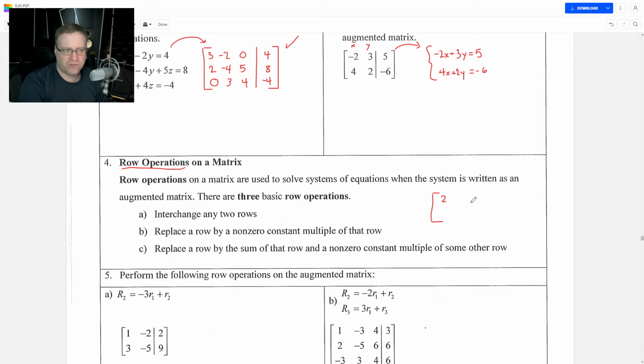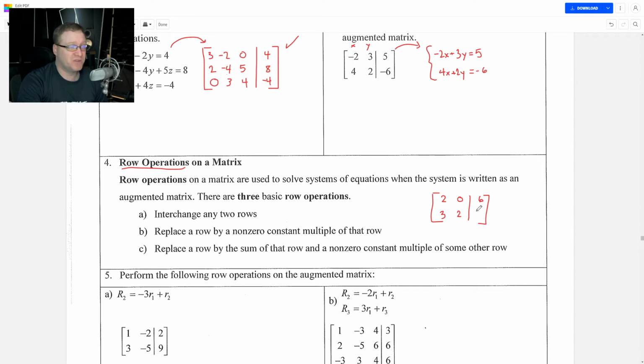2, 0, and let's say this is 6. I'm going to put a line down here. And then maybe this one is 3, 4, 2. I don't know.